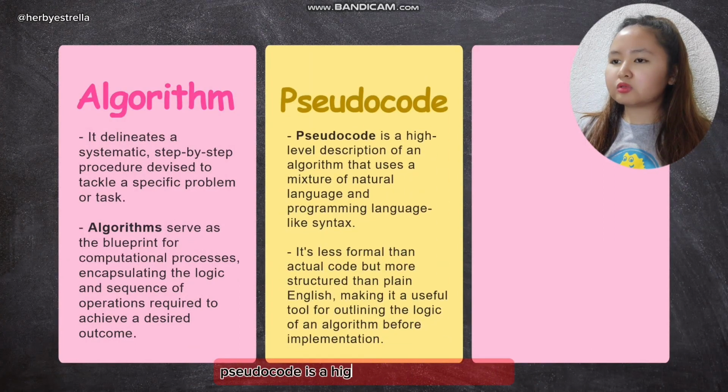Pseudocode. Pseudocode is a high-level description of an algorithm that uses a mixture of natural language and programming language-like syntax. It's less formal than actual code but more structured than plain English, making it a useful tool for outlining the logic of an algorithm before implementation.